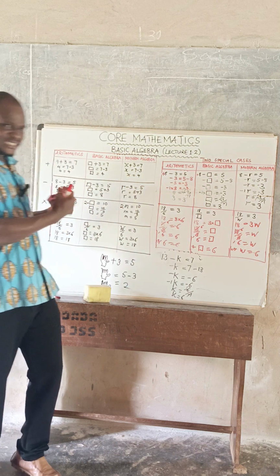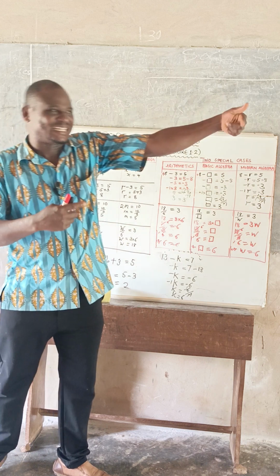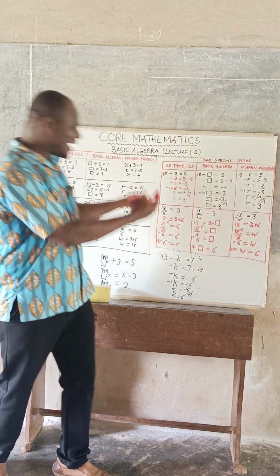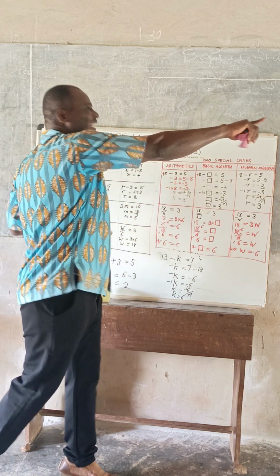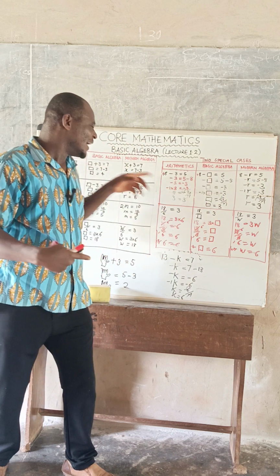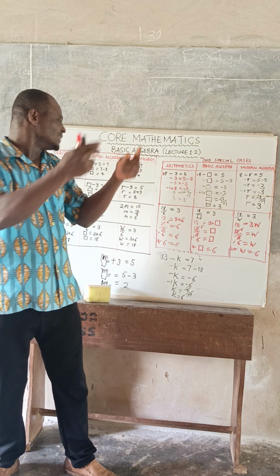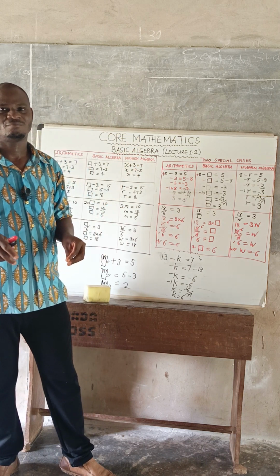A number engaged multiplying, when you disengage it from here and engage it across the equal to sign, it will go and divide. A number engaged here dividing, when you disengage it from here to engage it at the other side of the equal to, will go there and multiply.